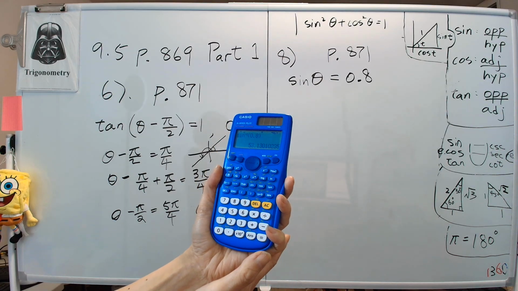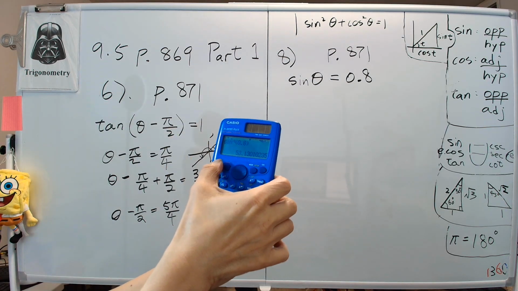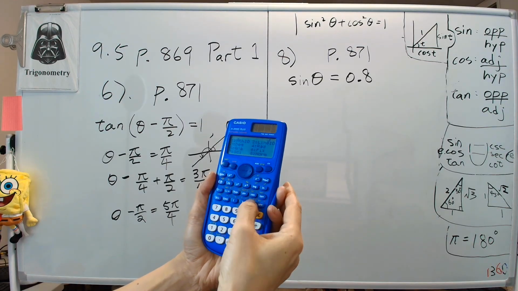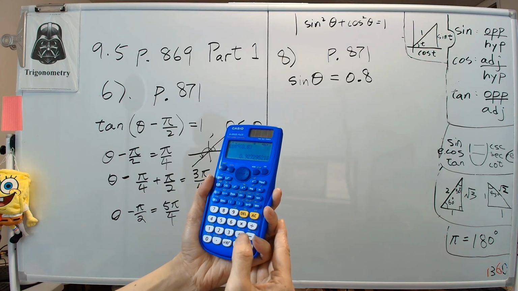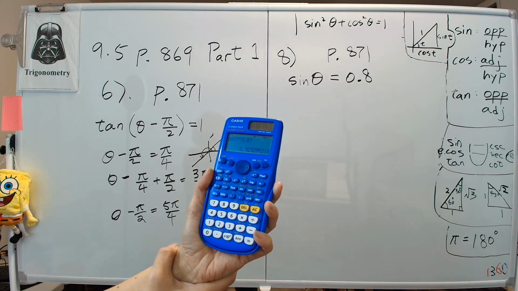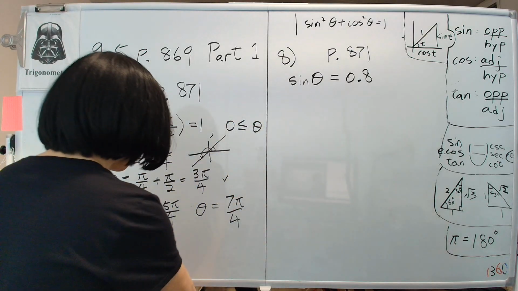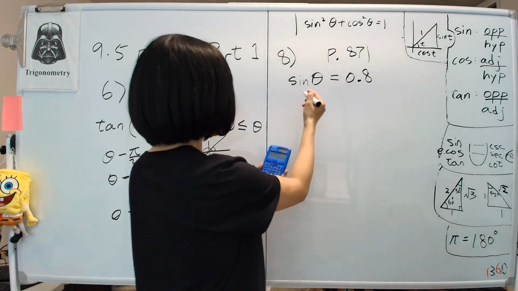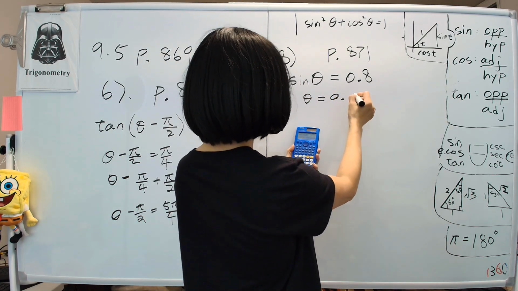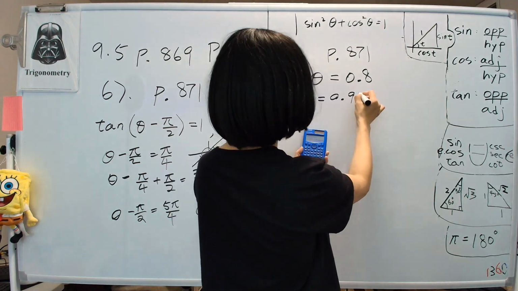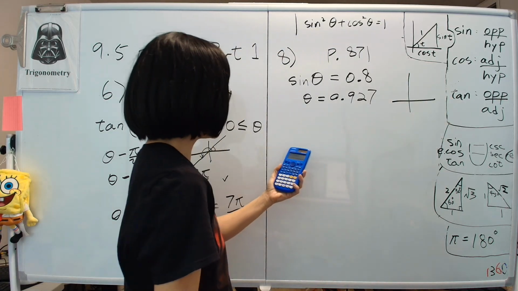And so theta is that. This is in degree mode, okay, and we will change it to radians. Sine theta, and now it is 0.927, which was 53 degrees or so.